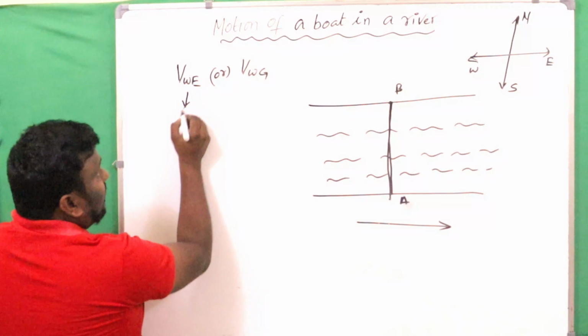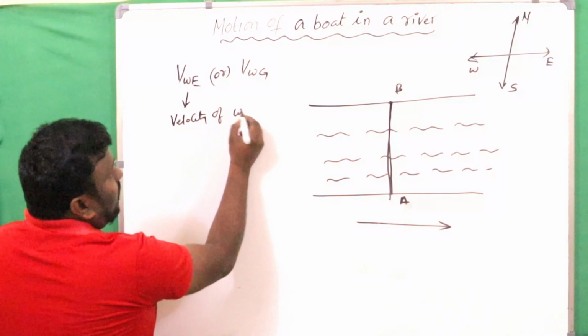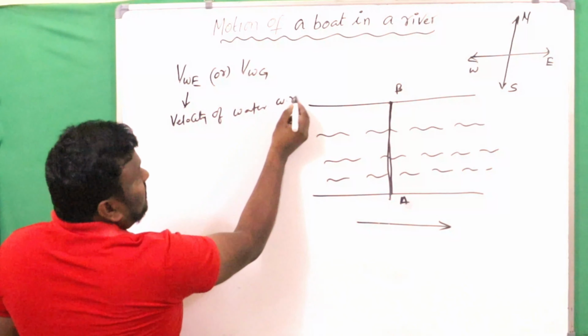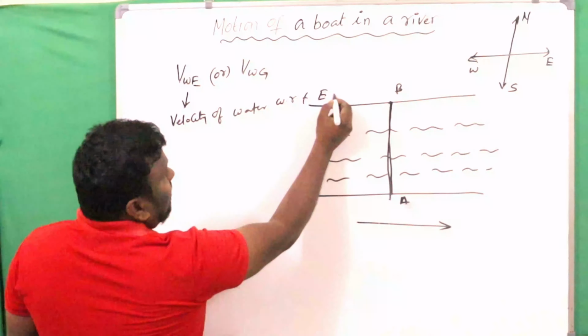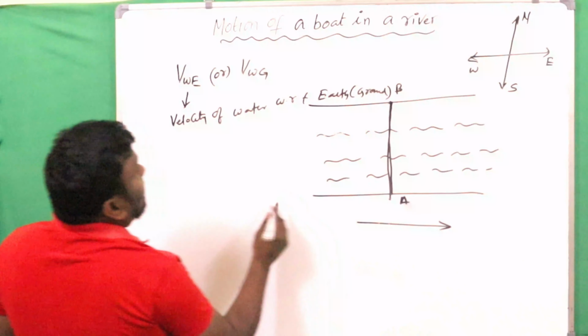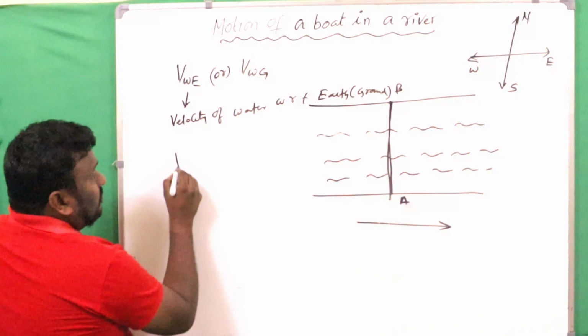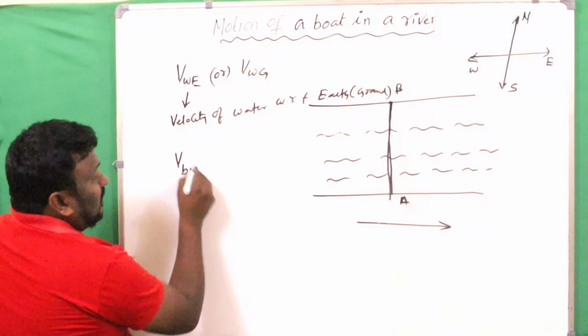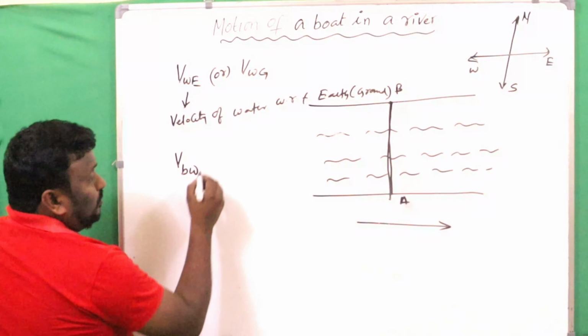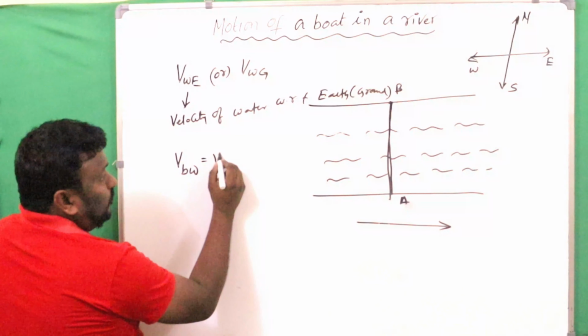In the same manner, VBW is the velocity of boat with respect to water.